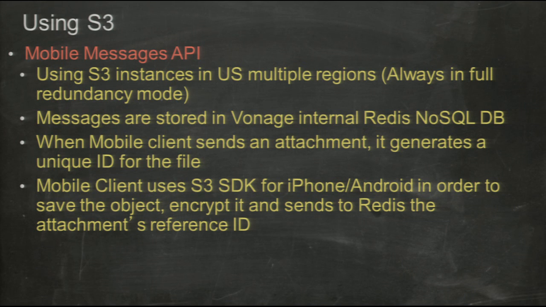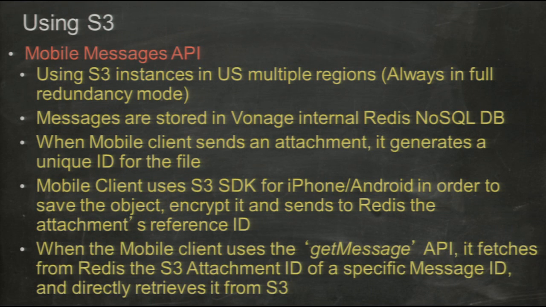Redis is a key-value pair structure, and we are using it with the hash capabilities. Our primary key there is the mobile number, and then we have all the message properties and attachment references per mobile device in there. So then we can reference back from the client if the client needs to retrieve the attachment from the relevant S3 bucket.